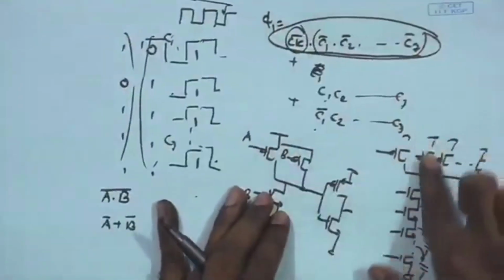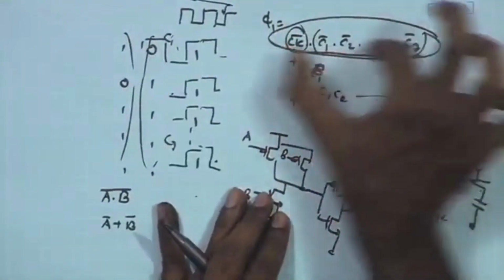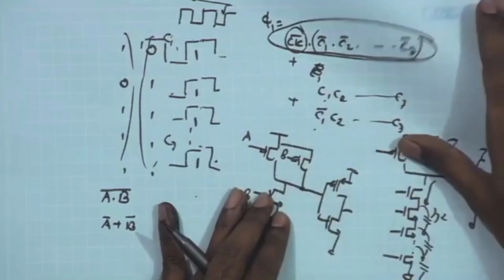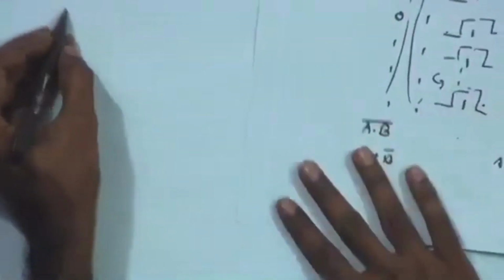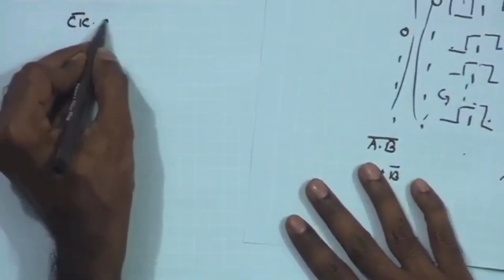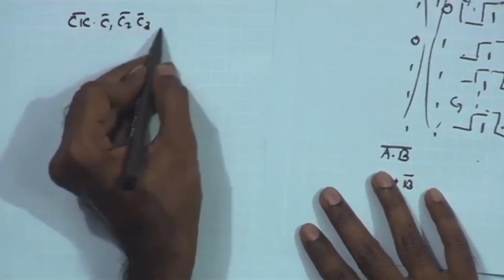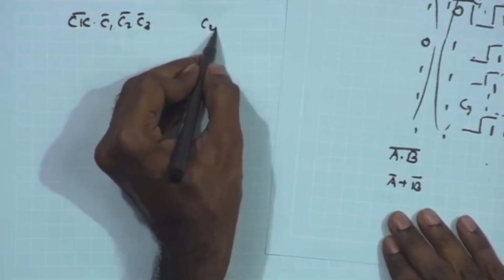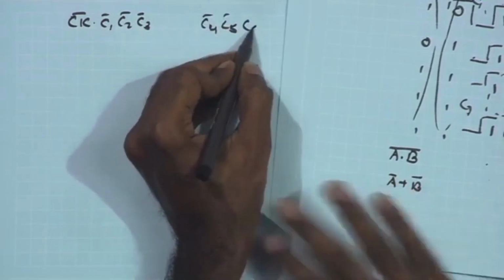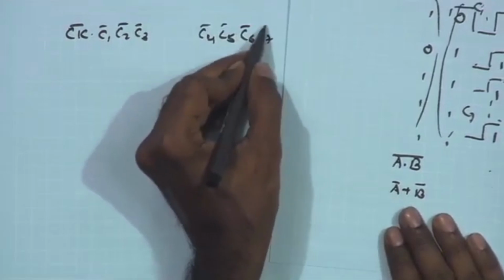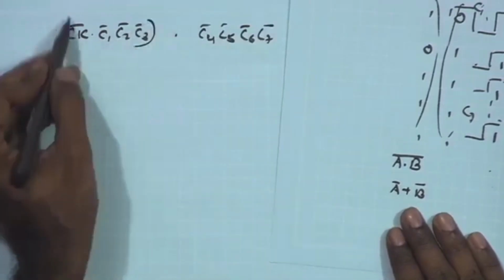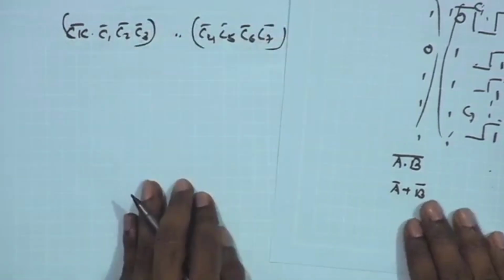So, rather than implementing the entire function using a single gate, I will split them into 2 halves and then combine the result. So, basically I am going to look at CK bar, C1 bar, C2 bar, C3 bar, and another one C4 bar, C5 bar, C6 bar, C7 bar, implement them individually using gates and then take their AND.